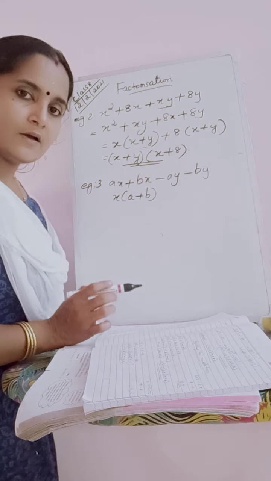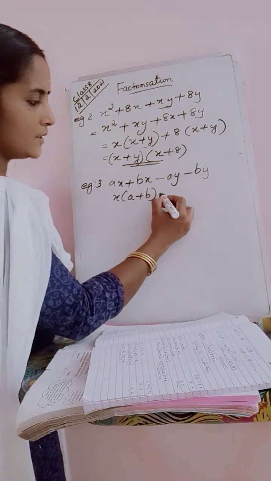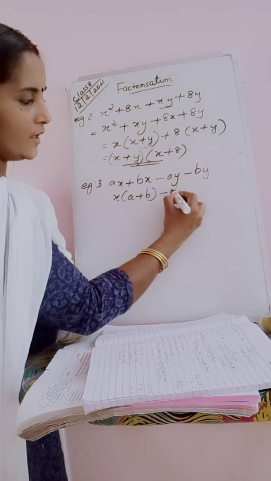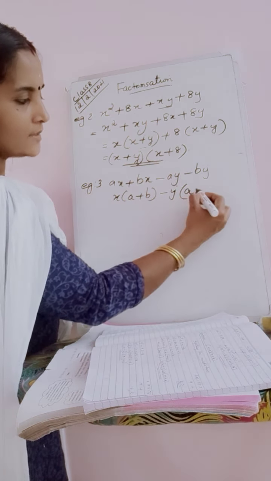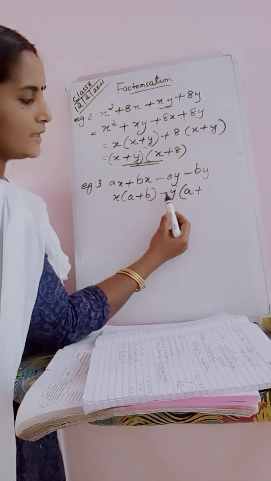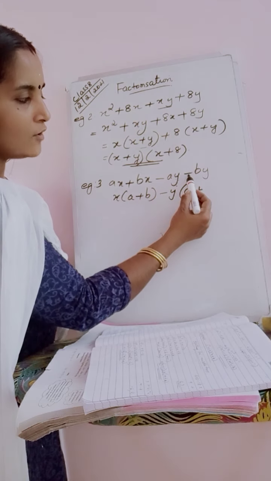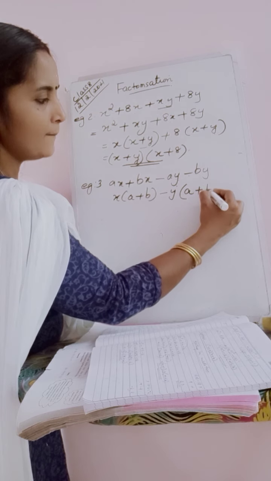Anyway, you get the same final answer. Here I write these two terms together and take negative outside, and ay and by, y is common. Minus y take outside, then a remains, then this minus becomes plus, because if you open this bracket, minus y into a is minus ay, and minus into plus, then only we get negative sign here. So this becomes plus b.